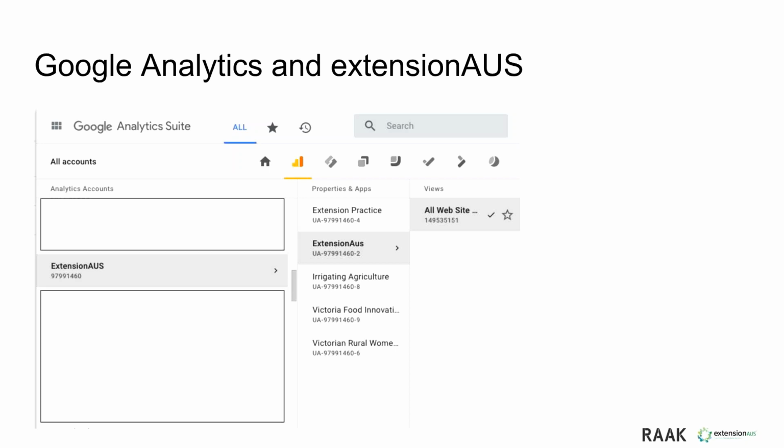And on the right, the views within that particular property. Now, each of your Google Analytics accounts and properties has one view, which is all website data right now. I don't think there are any other views, but they can certainly be created.